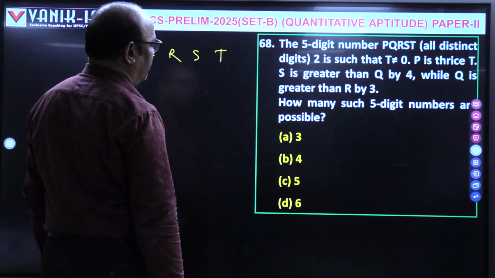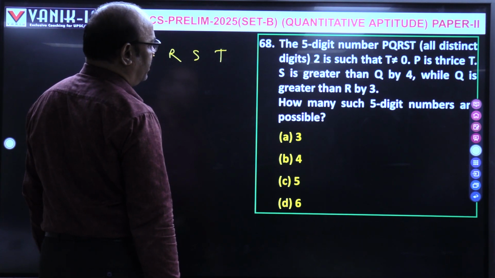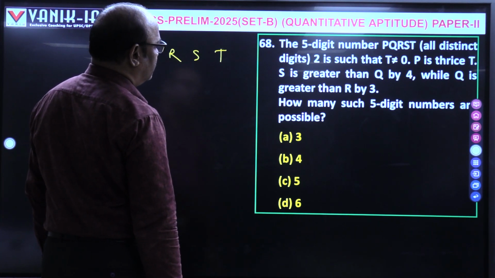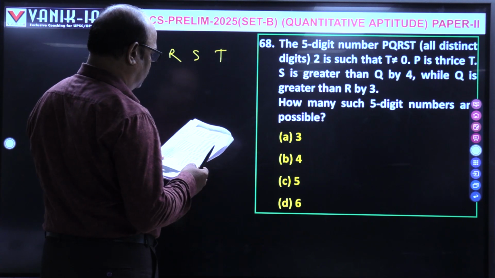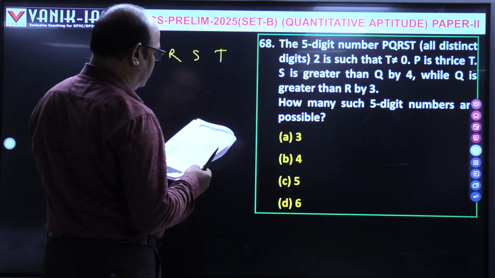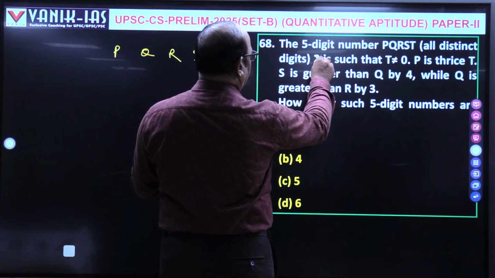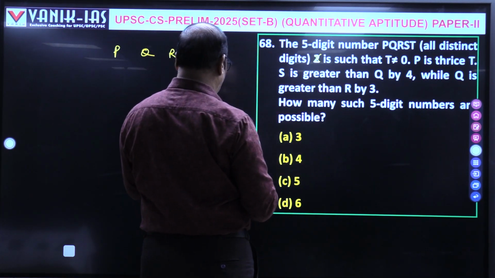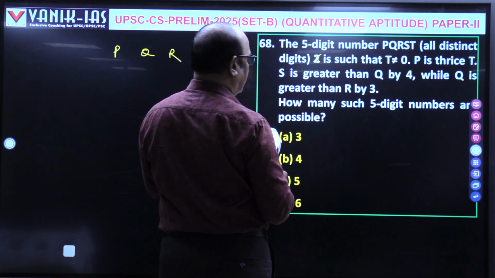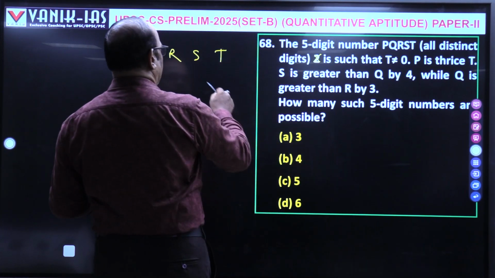All are distinct digits, such that T is not equal to 0, P is thrice the T.